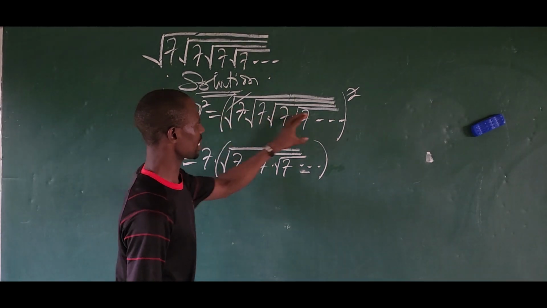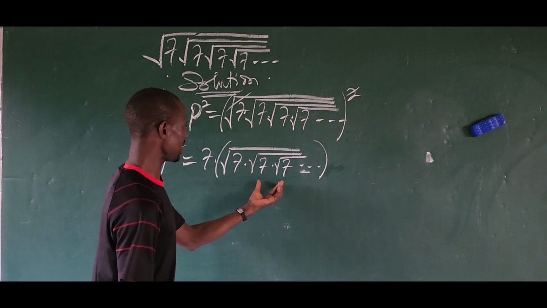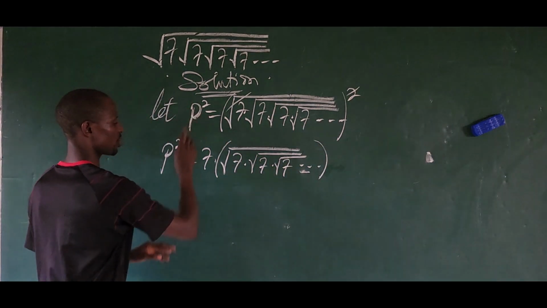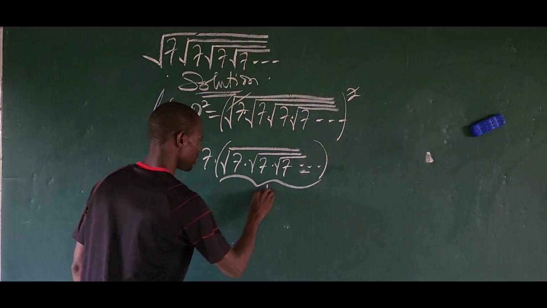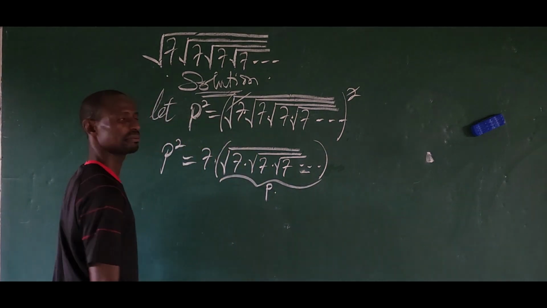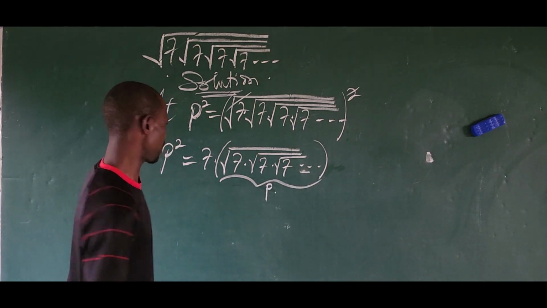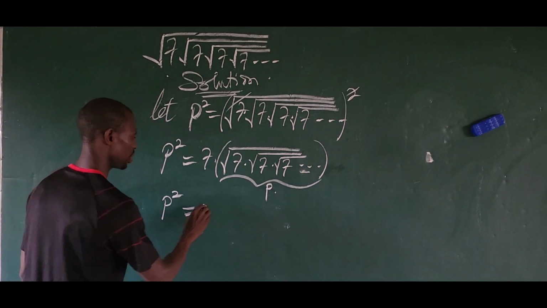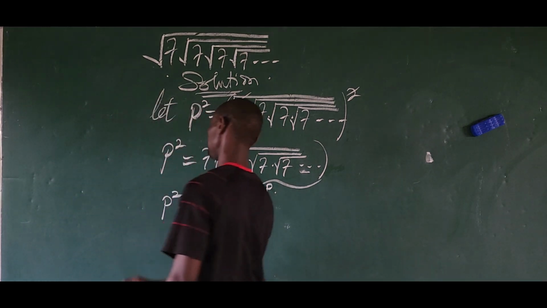This is the same thing as this, aside from the square. Since this is the same thing as this that leads to infinity, and we said p is equal to this, we can say that what we have here is equivalent to our p. Easy, right? So rewriting this second expression, we have p to the power of 2 equal to 7 times p, which is 7p.